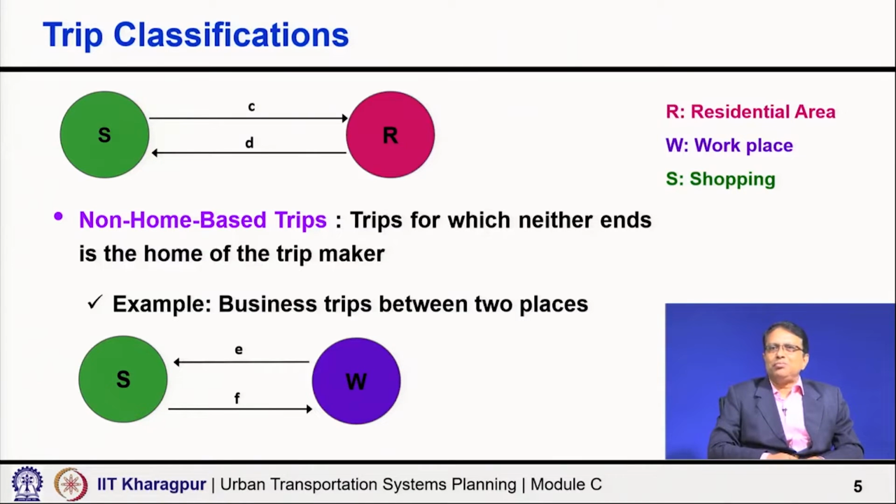So, in the trip, neither end is actually the home end. So, they are all non home based trips. Depending on the context of the study, we may be interested to know how many are home based trips and how many are non home based trips, and maybe that is the most appropriate classification for the work.